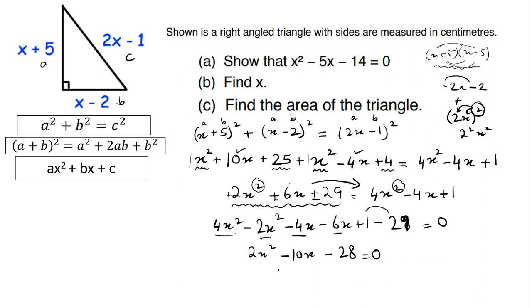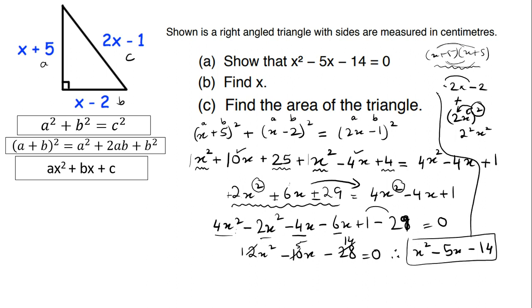Whenever in an equation all the numbers are even, or a factor of one of the numbers, you can simply simplify the entire equation. I know that 2, 10, and 28 all come in the table of 2. So 2 times 1 is 2, 2 times 5 is 10, and 2 times 14 is 28. Therefore, my final equation becomes x squared minus 5x minus 14.